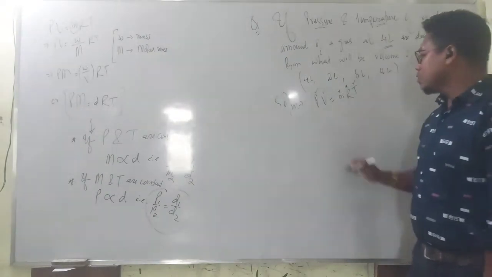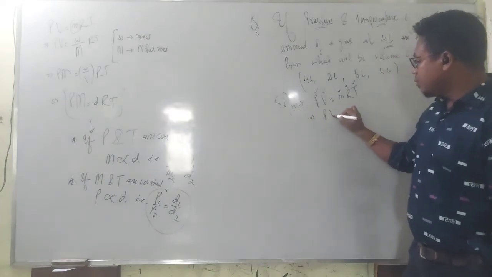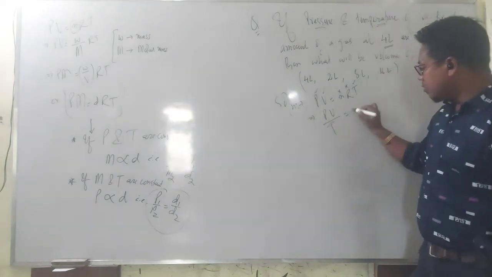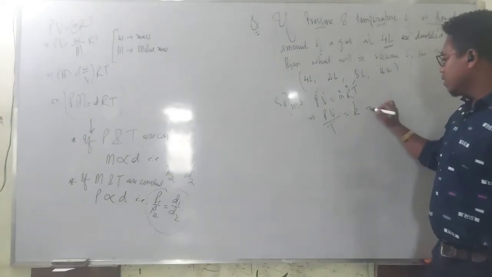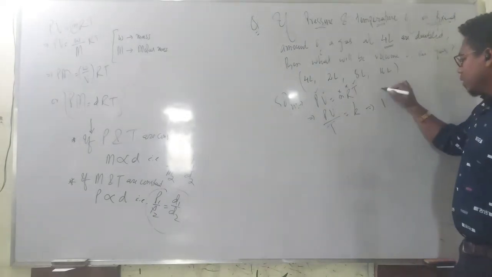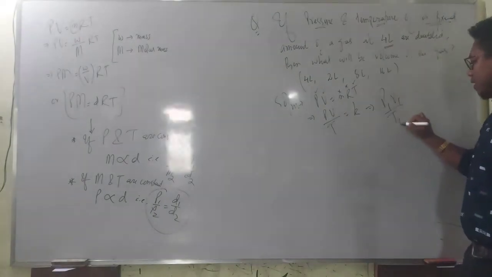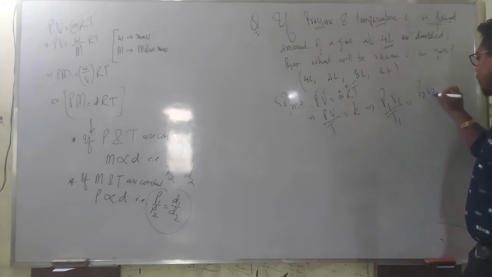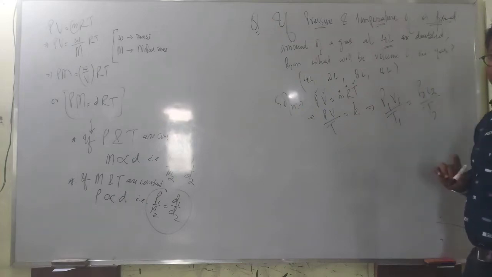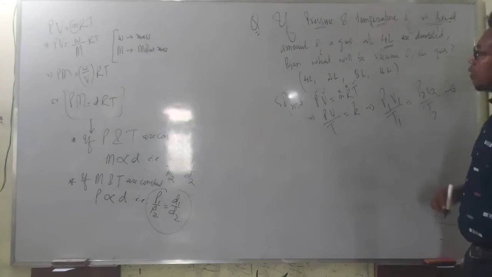R is constant. So I can write PV by T is equal to constant, which means I can use P1 V1 by T1 is equal to P2 V2 by T2. So this is the equation.